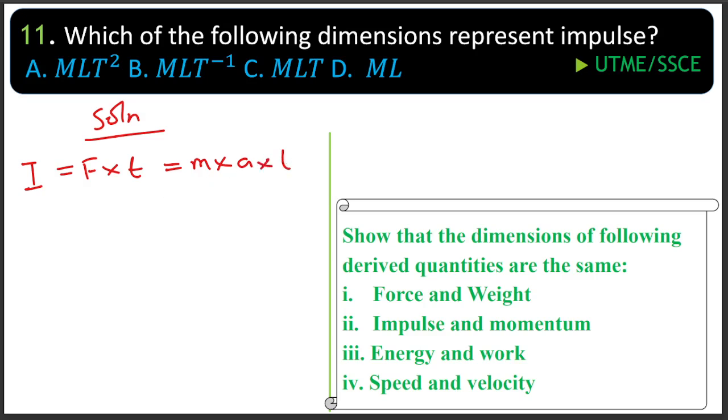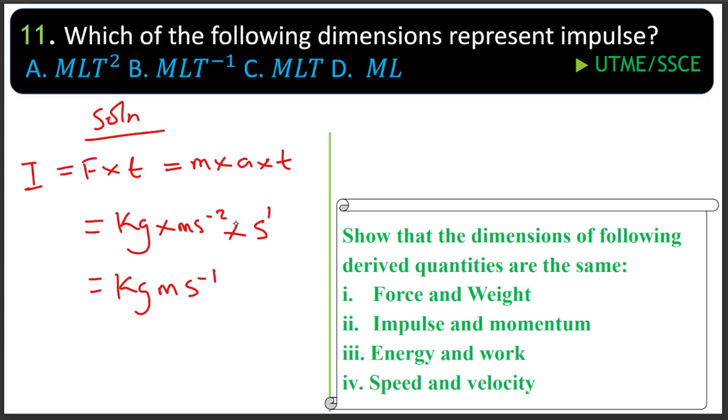Of course, you now have times time. So that means the unit will be kg, mass is kilogram, acceleration is meters per second squared, and then time is second. So if we multiply out, we get kg meters per second like this.